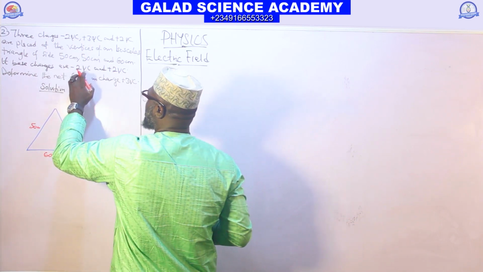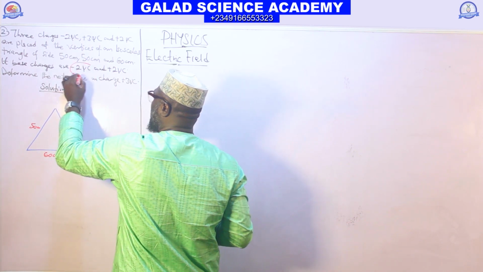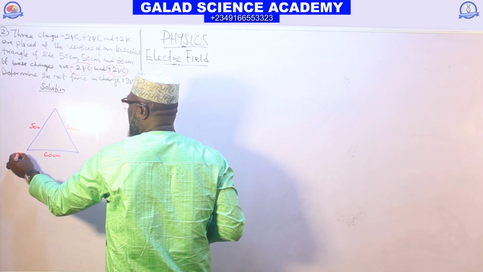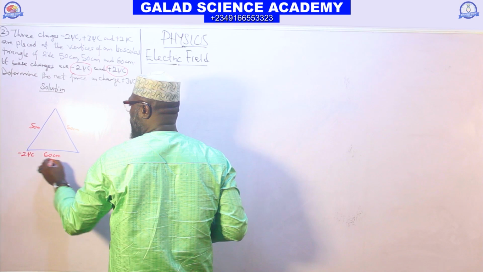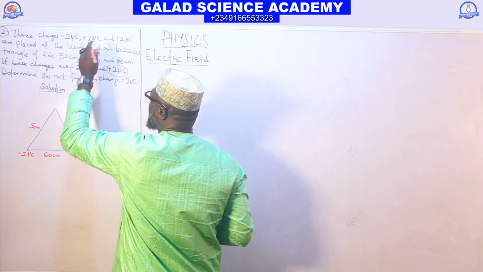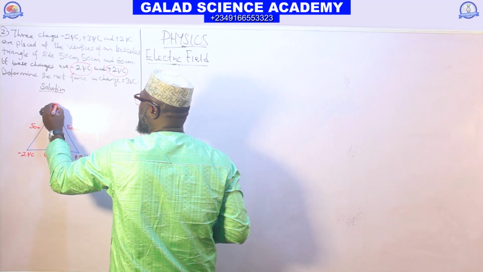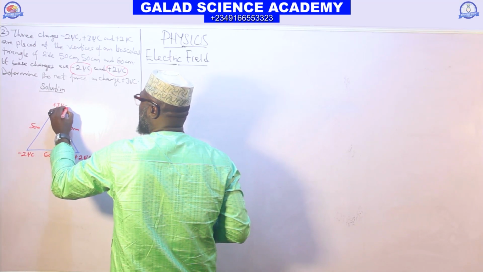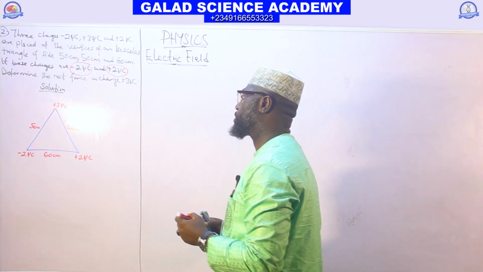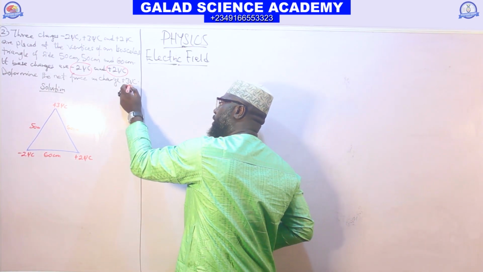At the base angles, one is minus 2 microcoulomb, the other one is 2 microcoulomb charge, and the third one is plus 3 microcoulomb. Determine the net force on the plus 3.